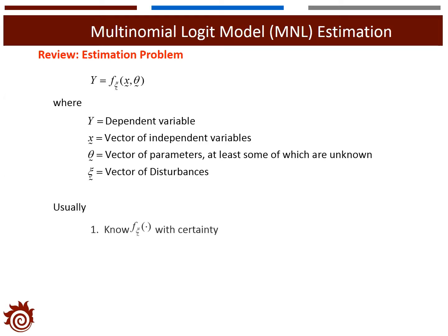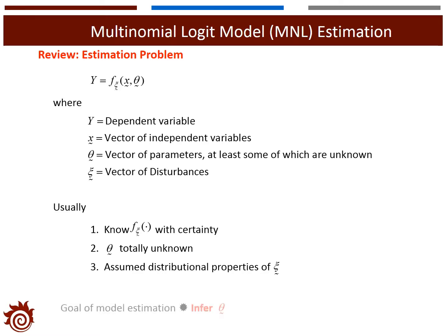Usually, we know the formula f with certainty. It contains some random variables inside. Second, the parameters are totally unknown, and we want to estimate their values. And third, we will have an assumption about the distribution of the random terms psi in this formula.